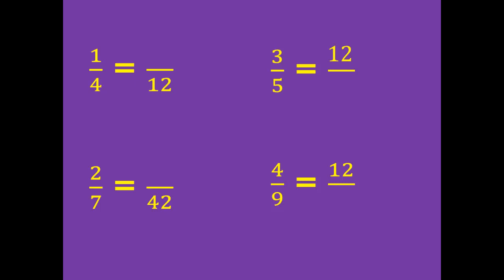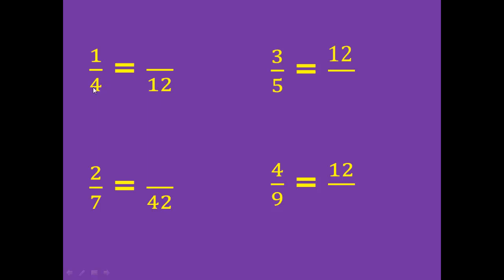Now I'd like you to try these on your own. Remember, what you do to the numerator, you must do to the denominator. I'll take you through the first example. We know that this equivalent fraction, the denominator, is 12ths.